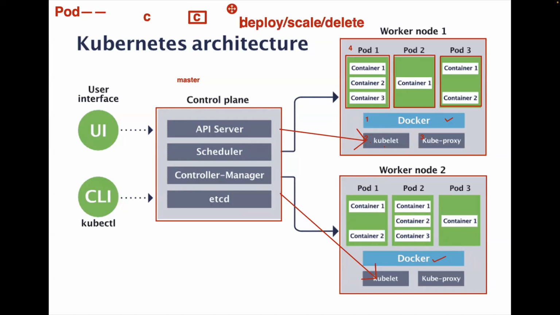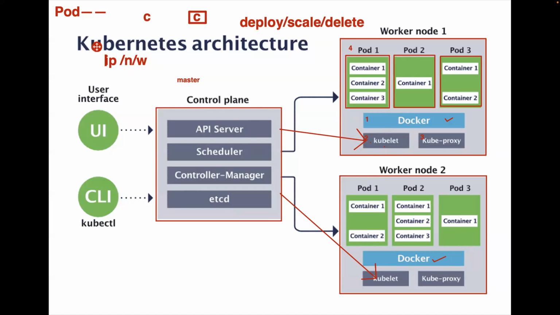You basically deal with the pod, not with the container. Every pod will have some IP address and some network assigned. The containers living in it will be accessed using the same IP and the same network, so they share the same pod network and pod IP. That's how it works.